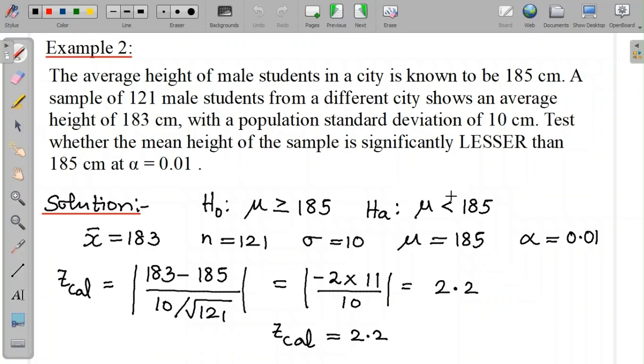So the null hypothesis is that the average is greater than or equal to 185. The alternate hypothesis is that the average is less than 185. So we have the sample average at 183, the sample size at 121, the standard deviation at 10, the population mean at 185, the level of significance at 0.01. Substituting these in the formula for the test statistic, we find the calculated value 2.2.